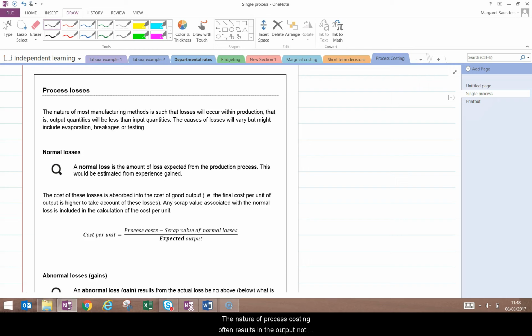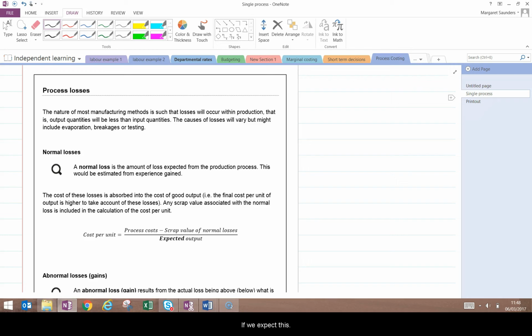The nature of process costing often results in the output not being the same as the input in terms of quantity. So we may have input 1,000 kilos into the process, but the output from the process may not weigh 1,000 kilos. It may be less than 1,000 kilos.